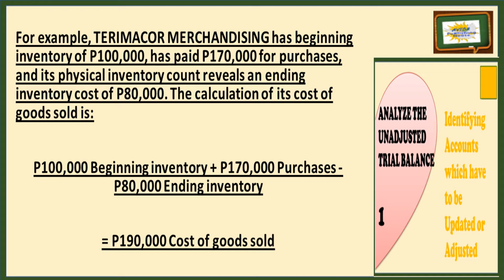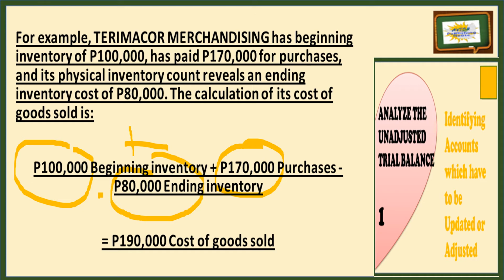The calculation of its cost of goods sold will be the beginning inventory plus the purchases during the period and then minus the ending inventory. So the cost of goods sold will be 190,000 because this is 270,000 minus 80,000. So you really have to compute for the cost of goods sold at the end of the period when using the periodic inventory system.